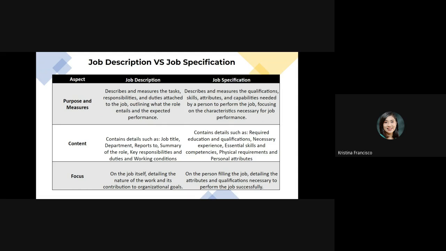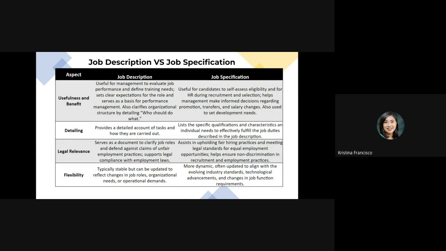For the content of a job description, these are the details: the role title, responsibilities, and working conditions. For job specification, it highlights the qualifications, skills, and experience needed for the position. For focus, job descriptions are centered on the nature of the job itself, whereas job specifications focus on the qualifications of the person who will perform the job.